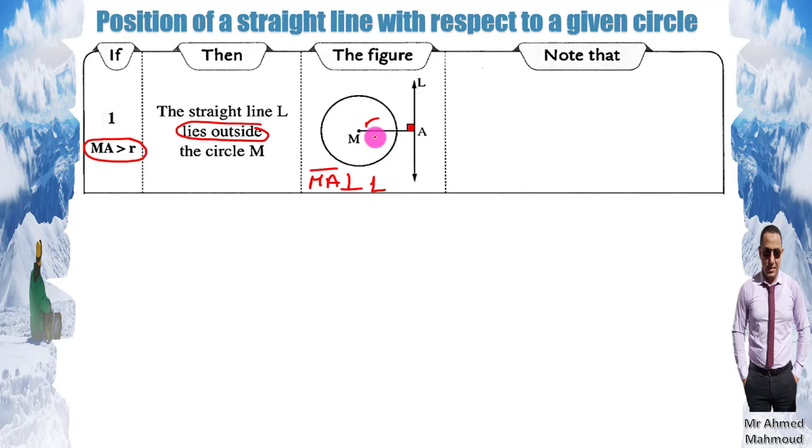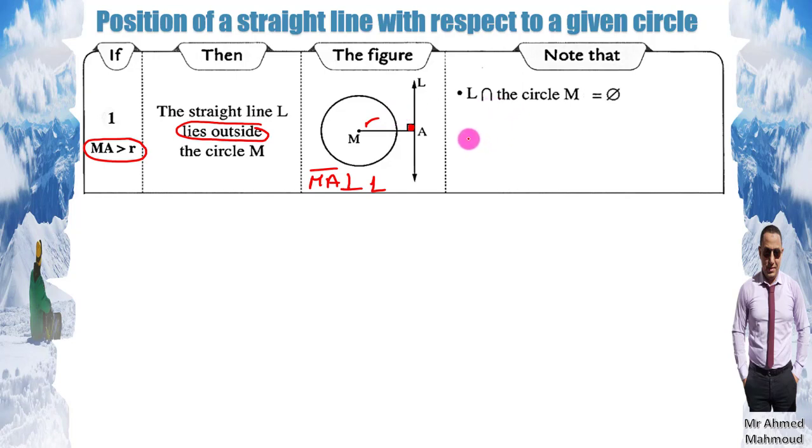Now we need to study some new notes. The first note: L intersect the circle M equals what? Here the straight line L is outside the circle, so there is no intersection between the straight line and the circle, as we see, so the intersection becomes phi.